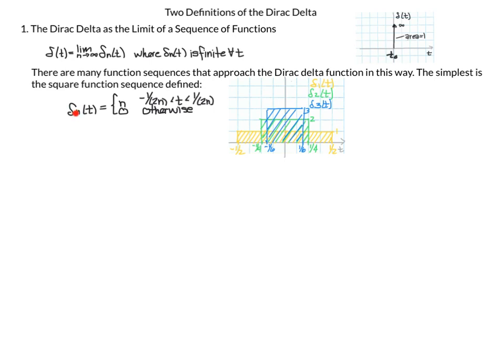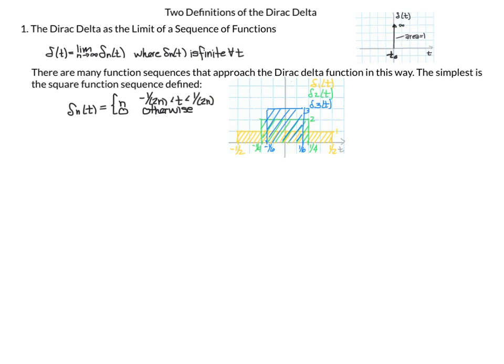My next function, δ3, which I'm going to write in blue over here, has a height of 3 when t is between negative 1/6 and positive 1/6, and it's 0 otherwise. Now you can see the base of this rectangle is 1/3 times the height 3, so this shaded blue area is equal to 1.